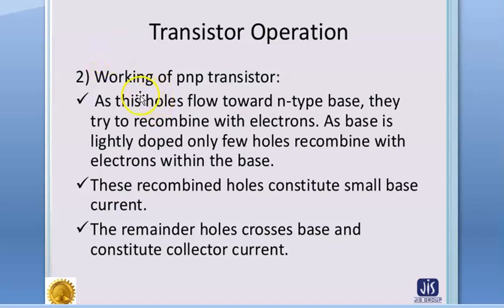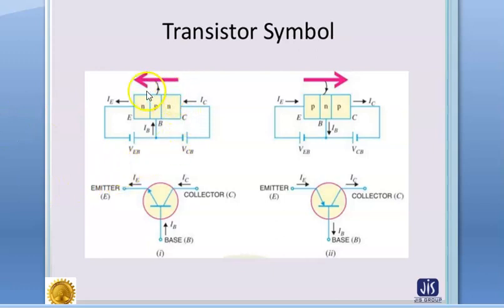So these points I have already discussed. Here in this figure we can see the direction of current movement in an NPN transistor, according to which the symbol is given. In normal operation, with the emitter junction forward biased and the collector junction reverse biased, this arrow specifies the direction of current.